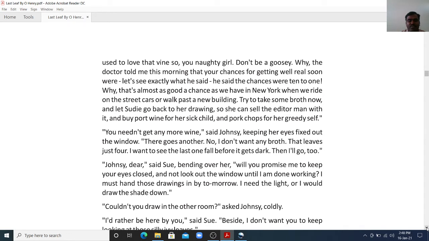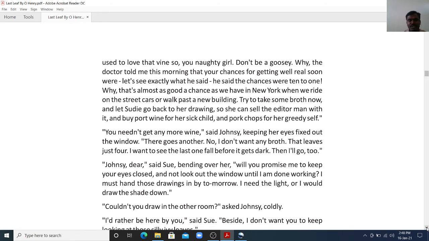I must hand those drawings in by tomorrow. So don't look through the window and allow me to draw my picture. I need the light or I would draw the shade down. So I also need the light. I cannot turn off the light, or else I would draw the shade down. The shade will not come properly.